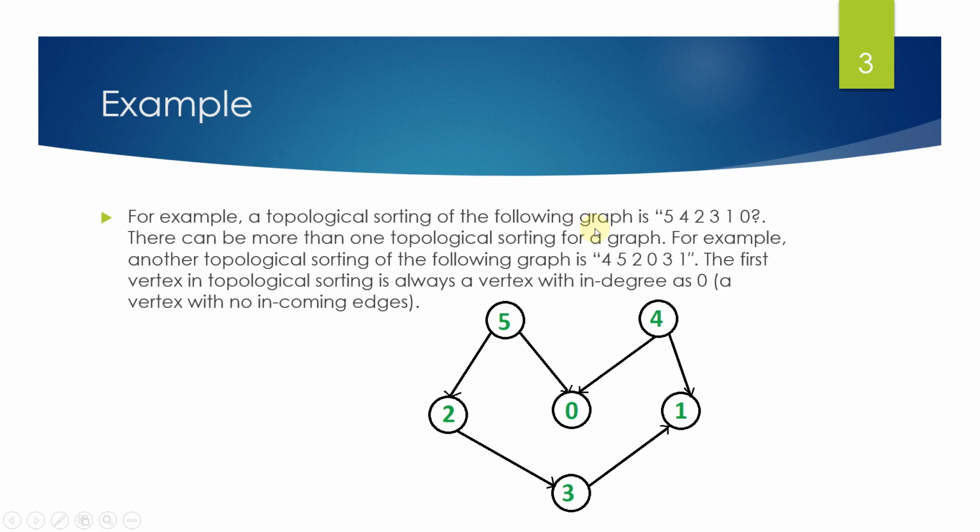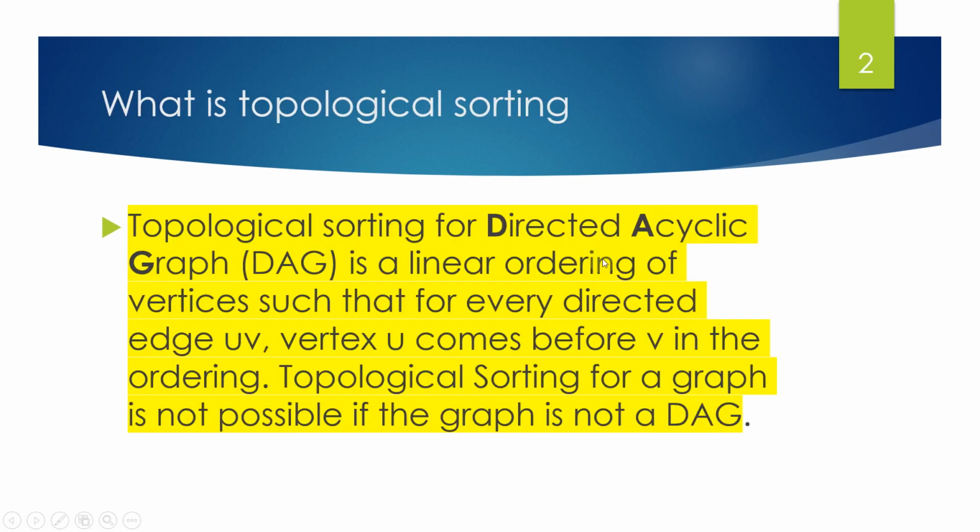So we're going to formulate this algorithm into steps. But first, as I said in the previous slide, topological sorting is not valid if the graph is not a DAG. We can prove it. There's a simple proof: a DAG does not contain a cycle, which eventually means all the paths are of finite length.